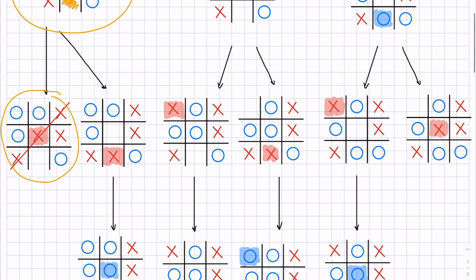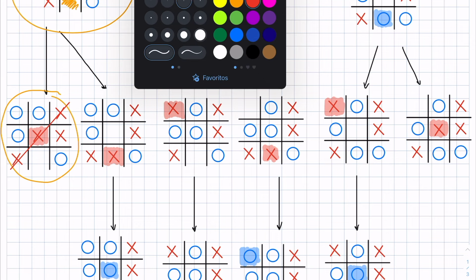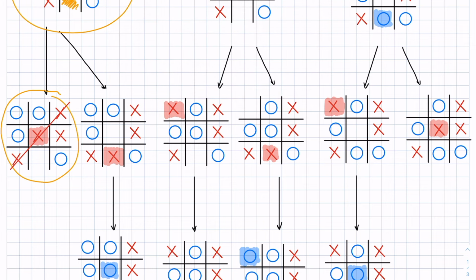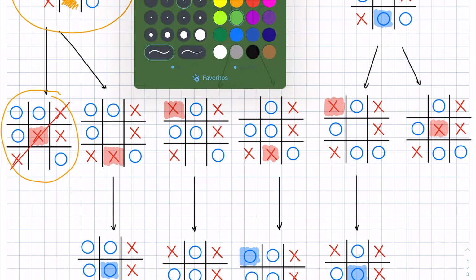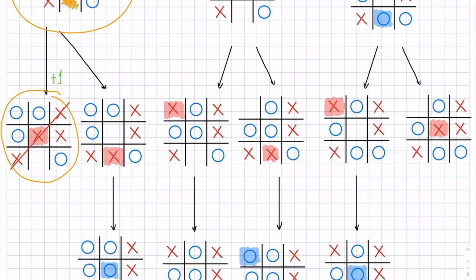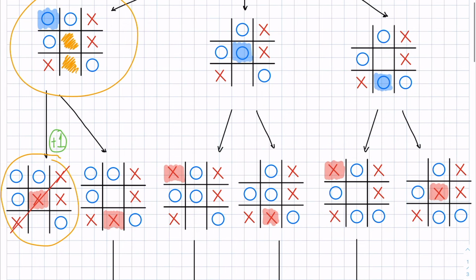Okay, so in this case, as the player that is maximizing wins, we want to return a +1. So I'm going to put a +1 right here. Actually, let me put it in green. So yeah, +1. So this board leads to an evaluation of +1. Now, we check this second branch.